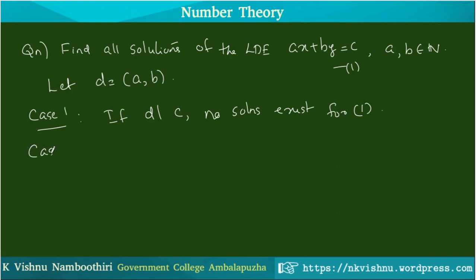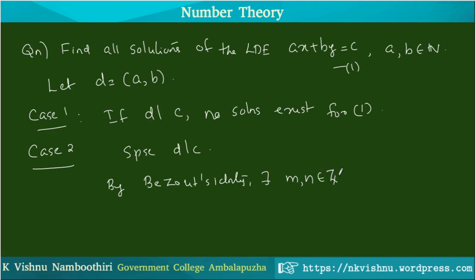In the next case, we have to assume that d divides c. Then by Bézout's identity, there exist integers m and n such that am plus bn is equal to d.